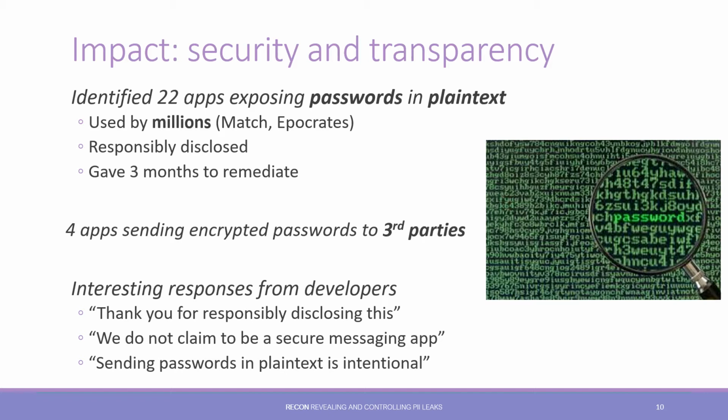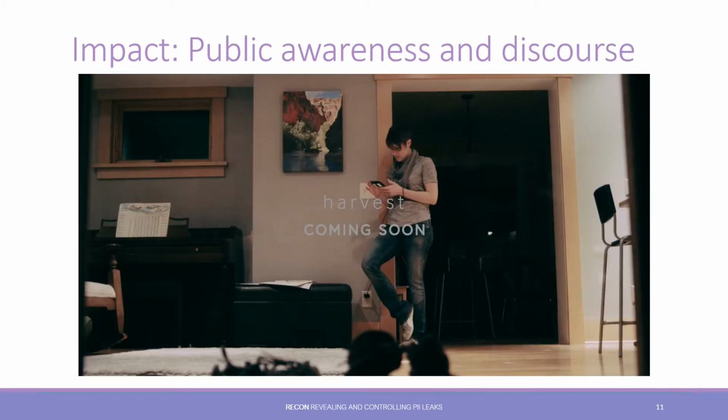Besides identifying security and privacy vulnerabilities and exposing them to users through our website, we've also worked on alternative ways of reaching out to individuals. One such effort is working with a filmmaker who followed his subject around for 1 week while we ran ReCon on her phone that was otherwise unmodified.